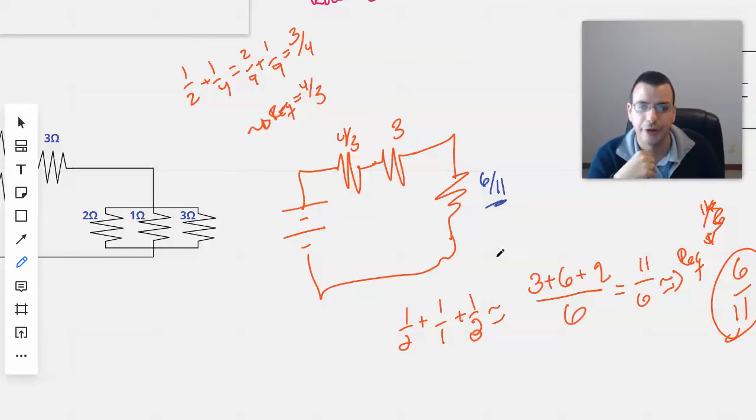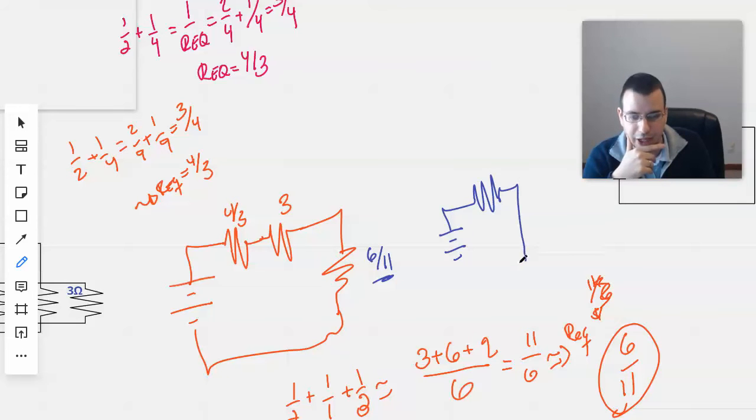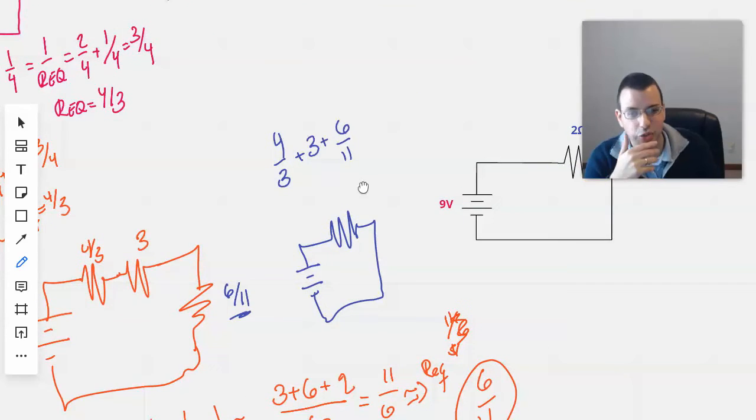6/11 ohms. And so now I have 3 resistors in series. I would then rewrite this again: battery, resistor, and back. And this would be 4/3 plus 3 plus 6/11. So we're going to use, I guess, 33 as our common denominator.